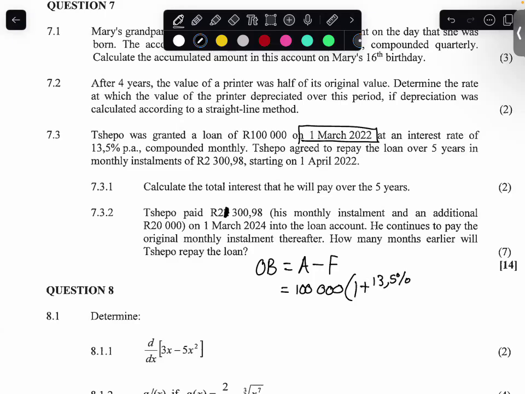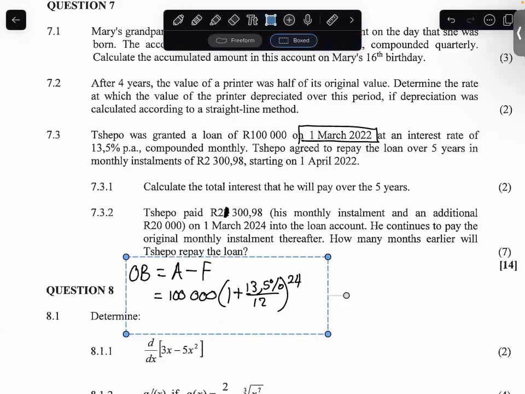That's compound. Remember, N in this formula is the number of payments that had already been made. I want to calculate the outstanding balance on the loan after the 24th payment, so after the first 2 years.